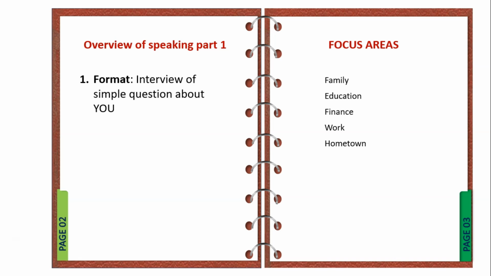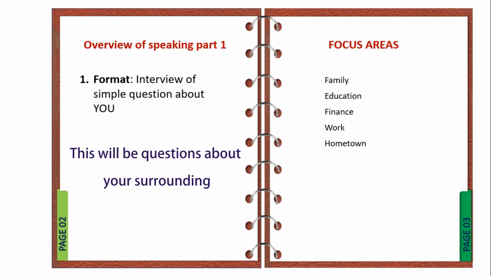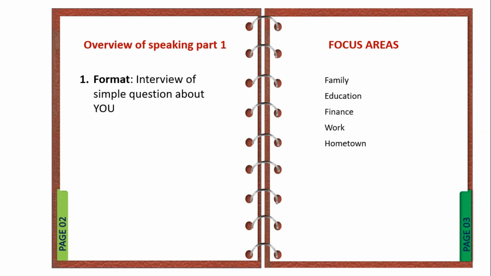So you might be given other sets of questions which might not be related to your personal self, but to things around you, the conditions, the things that you are in. So it might be about your environment.